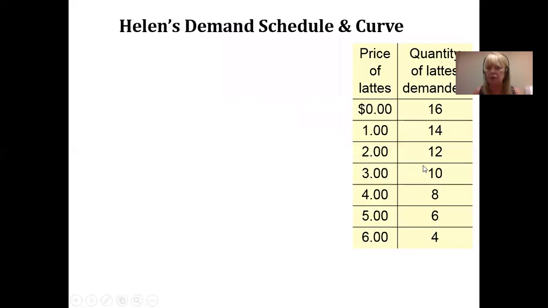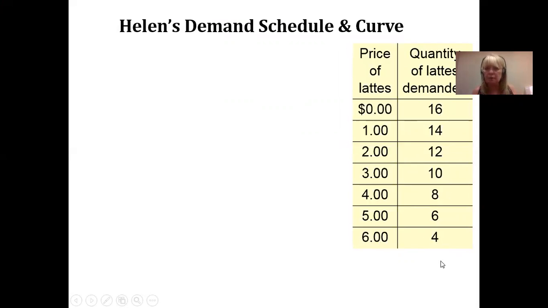At $2, she only wants 12. At $3, she only wants 10. All the way up to at $6, she's clear down to 4. So this reflects the law of demand. As price goes up, that causes quantity demanded to go down.